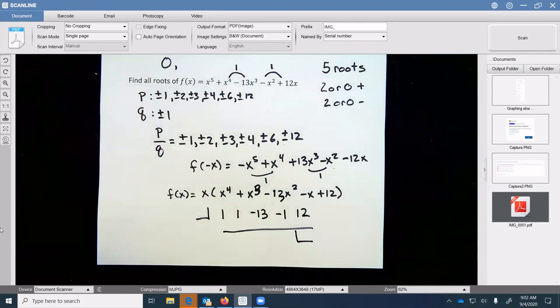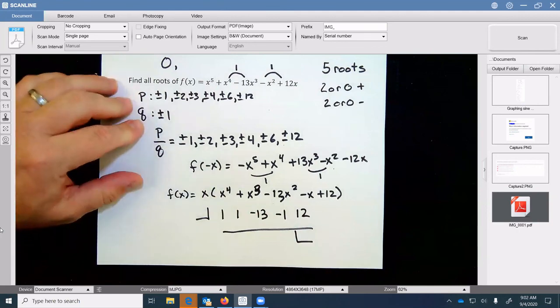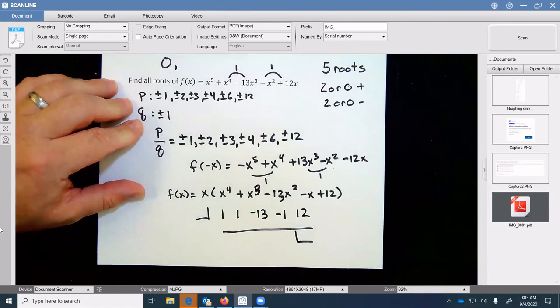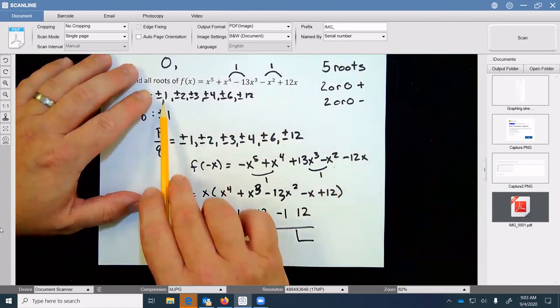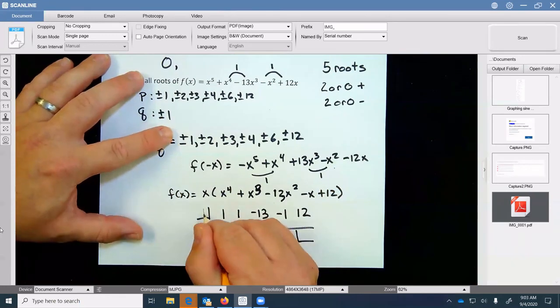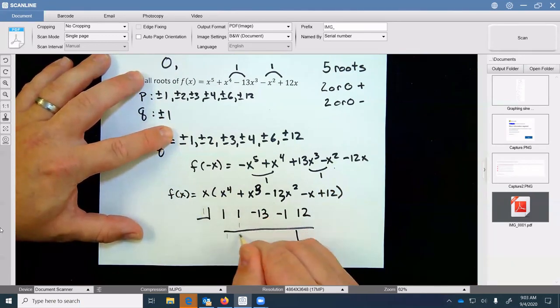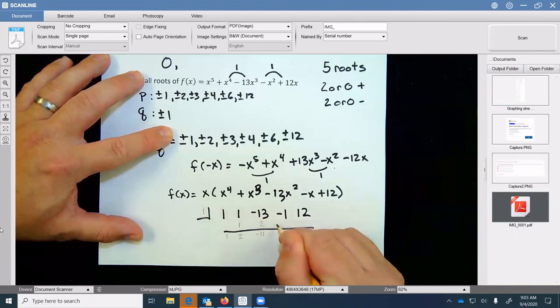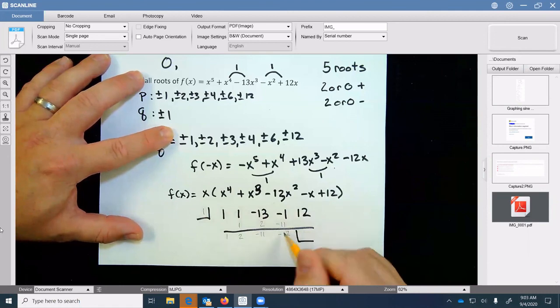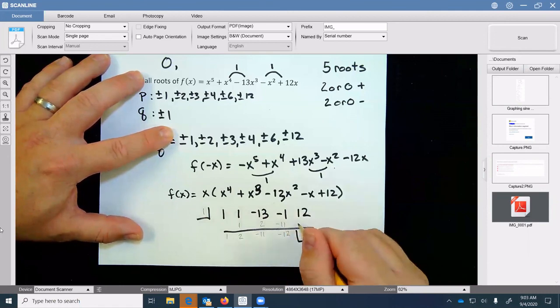And as a mathematician, this is the point where I really like to switch to pencil because I don't like to write things down a whole bunch of times. So I'm just going to try different values like 1. All right, so 1, 2, negative 11, negative 12, and 0.